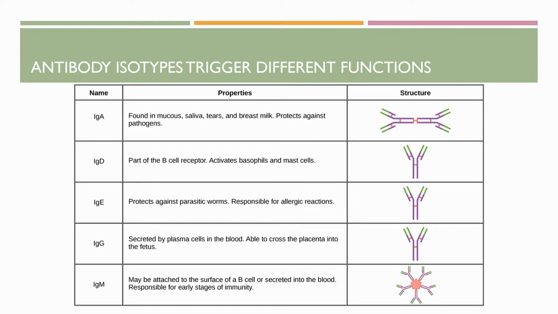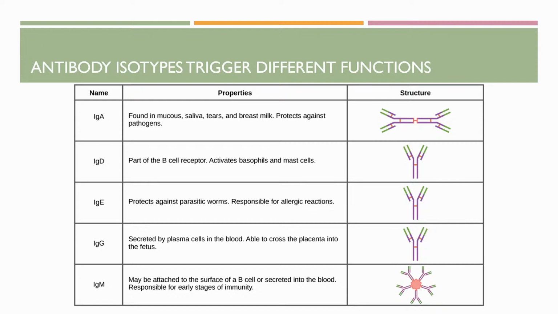There are a lot of terms we're going to use that are kind of the same name. Essentially, antibodies, antibody isotypes, and immunoglobulins all refer to the same thing, but the isotypes have different functions.